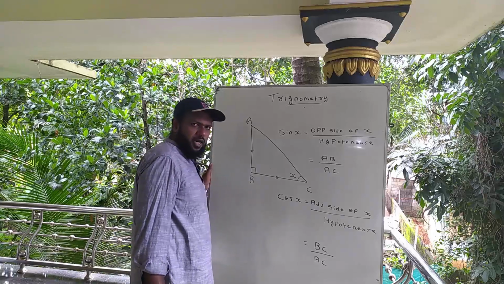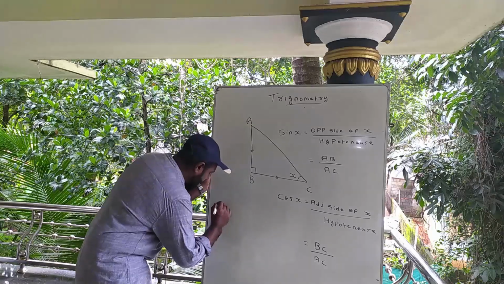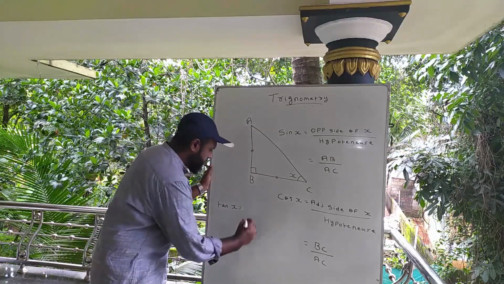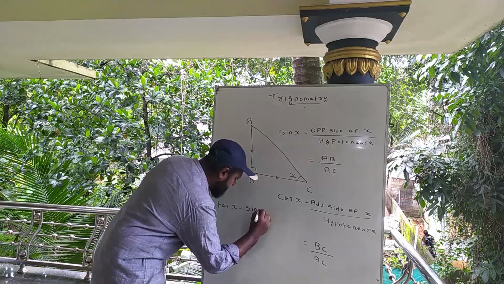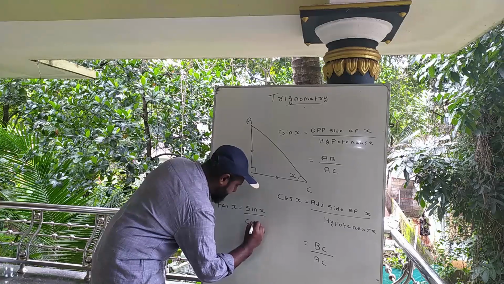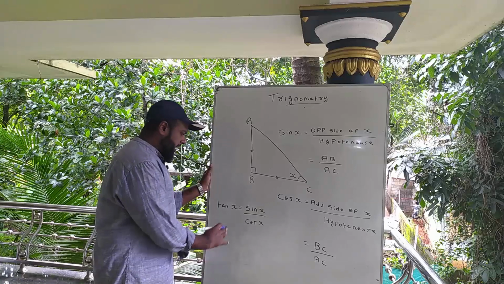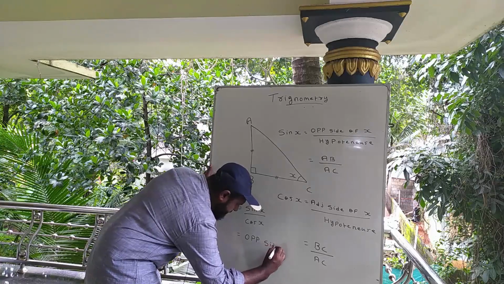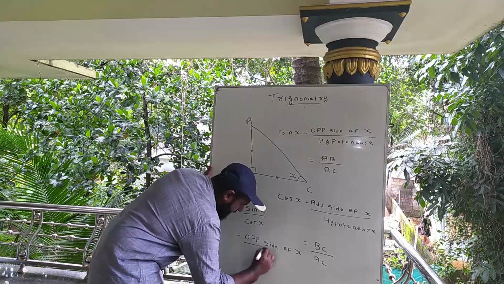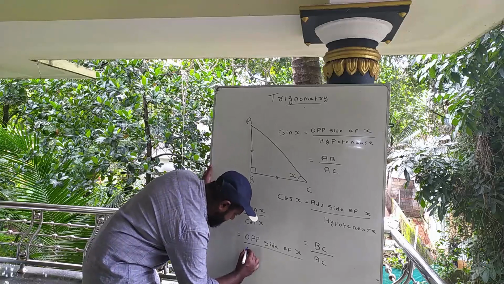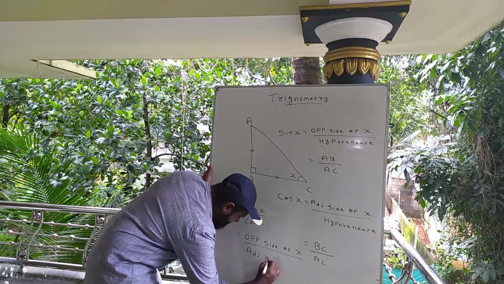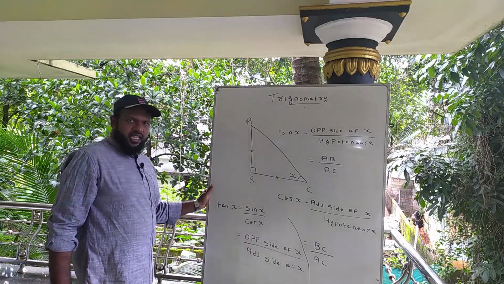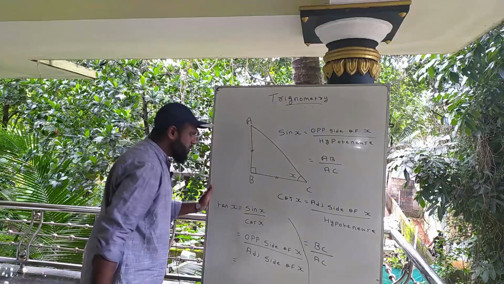Next we can learn what is tan X. Tan X equal to sin X by cos X, or we can say tan X equal to opposite side of X divided by adjacent side of X. What is the opposite side of X?